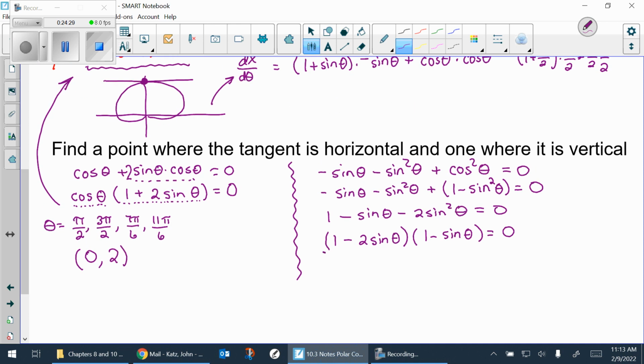Well, what are my values of theta that make that happen? I need the sine of theta to equal a half, and then this factor is going to be 0. And sine theta is a half at 5 pi over 6, and at, oh yeah, just plain old pi over 6. Yeah, okay.